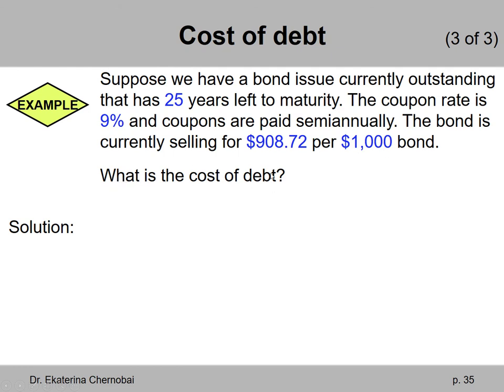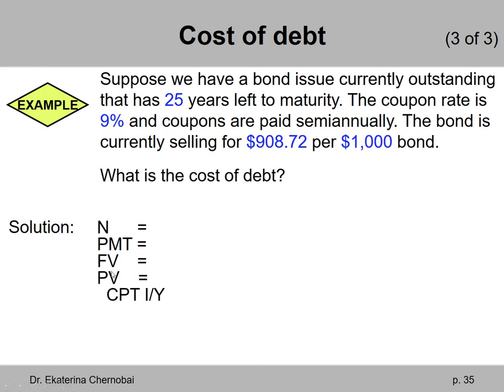Solving for the cost of debt is the same thing as computing IY, the discount rate for the bond, for which we need to know four things. N, which is how many coupon payments there will be between now and maturity. PMT, which is the coupon payment itself. FV, which is the future value, but it's also the face value, which is typically $1,000 on a bond.